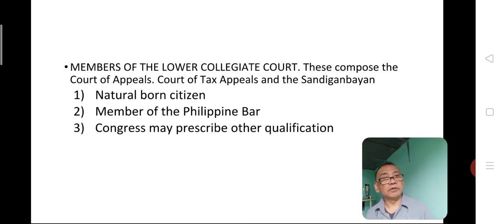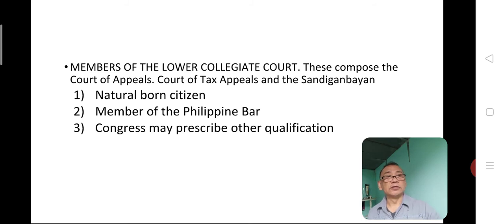And if the nominee is the one who will go to the Court of Appeals, Court of Tax Appeals, and Sandiganbayan, now he must be a natural-born citizen, a member of the Philippine Bar. Congress may prescribe other qualifications.